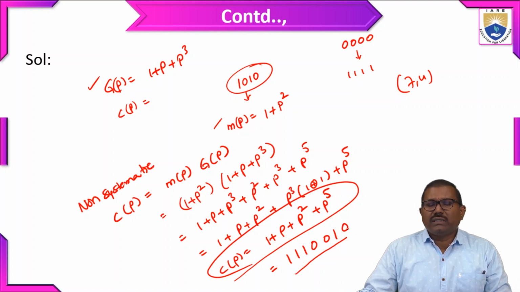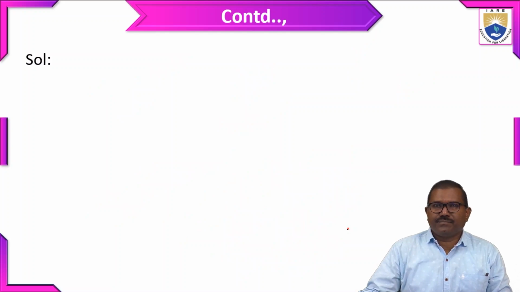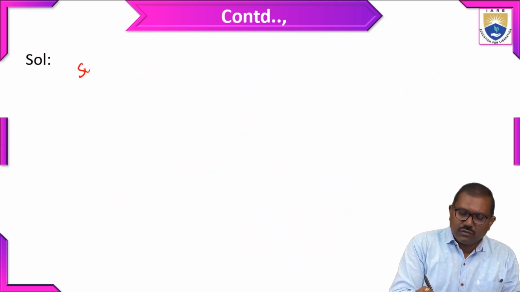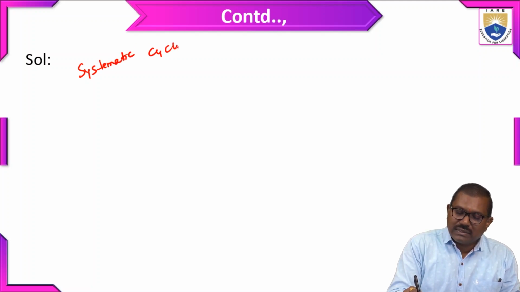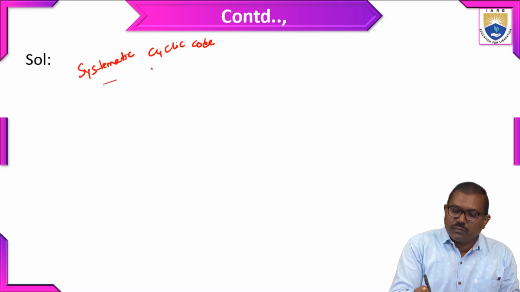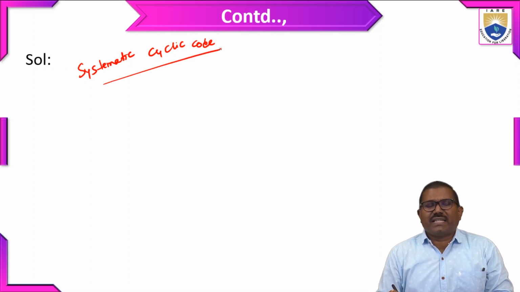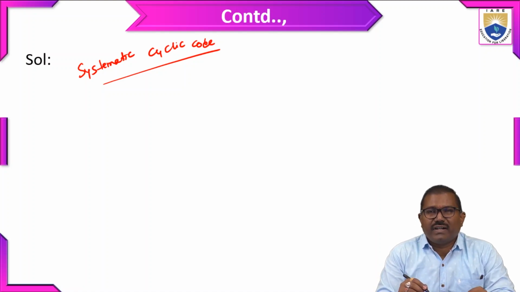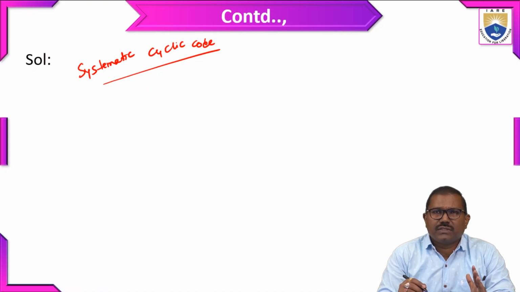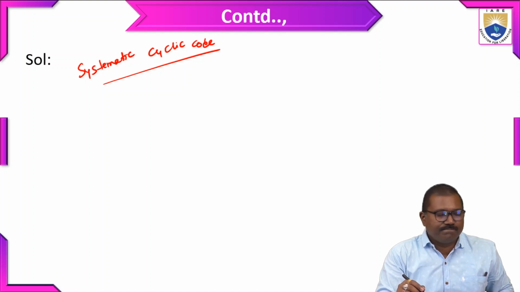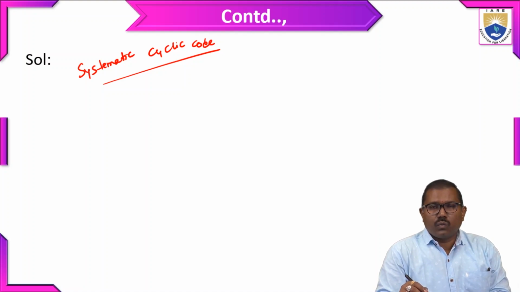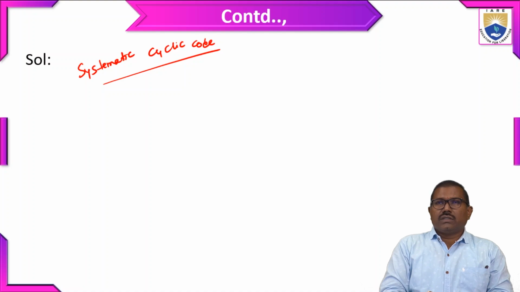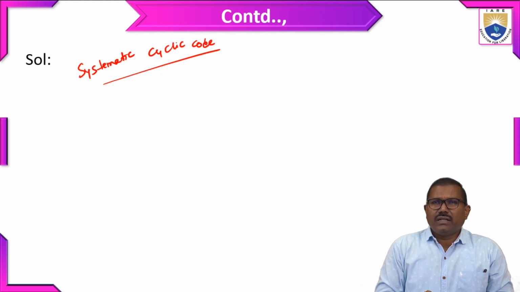Now coming to the systematic cyclic code. So what is a systematic cyclic code? There is a procedure for generation of systematic cyclic code. Already we know it. Again, we are going to use that procedure and find the systematic cyclic code.